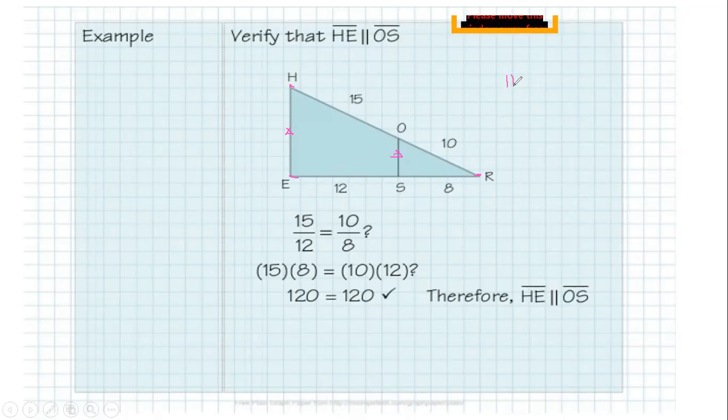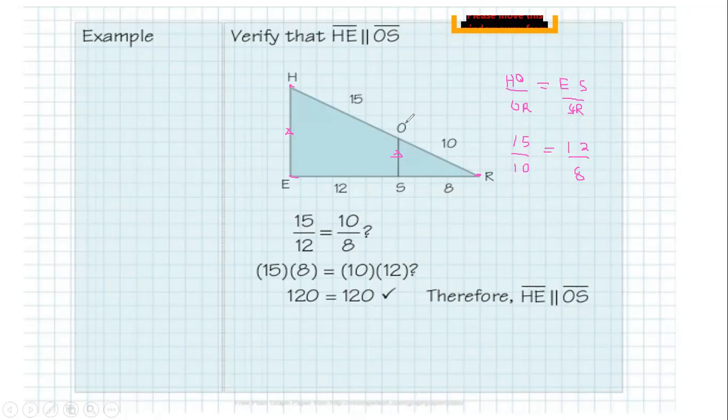So HO divided by OR is in the same ratio as ES to SR. If we substitute in the values, we end up having 15 out of 10, which should be equivalent to ES, which is 12 out of 8.